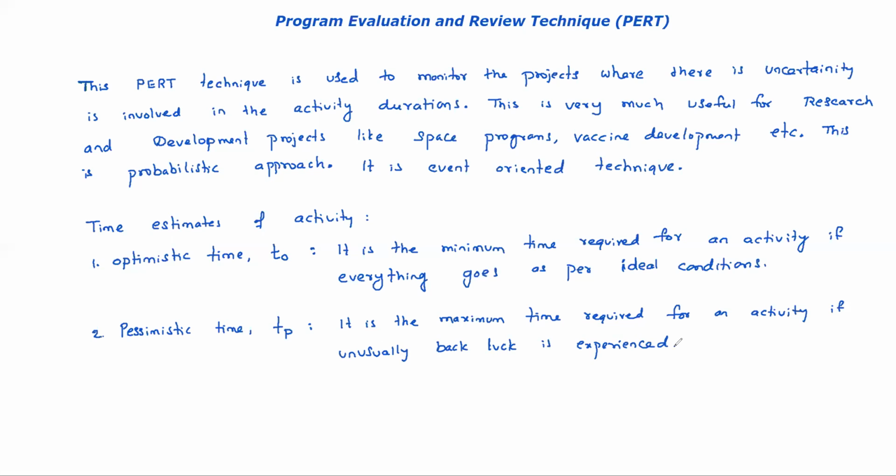Okay, so apart from this, one more time estimate is there, that is most likely time. So most probable time, that means normal conditions are existing. Then what is the time required? That is the most likely time.